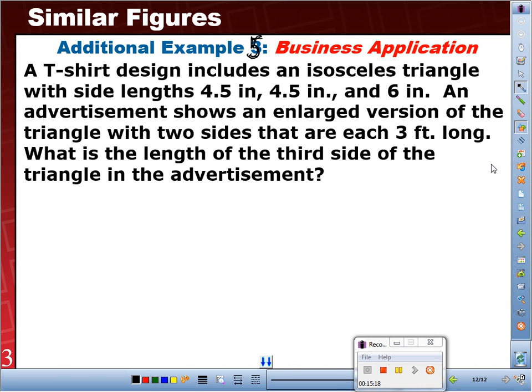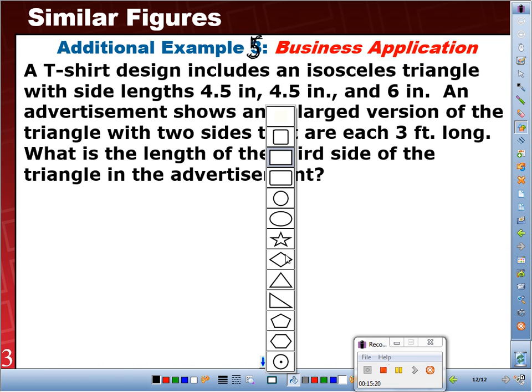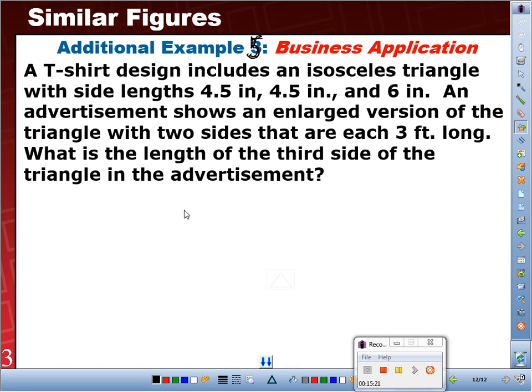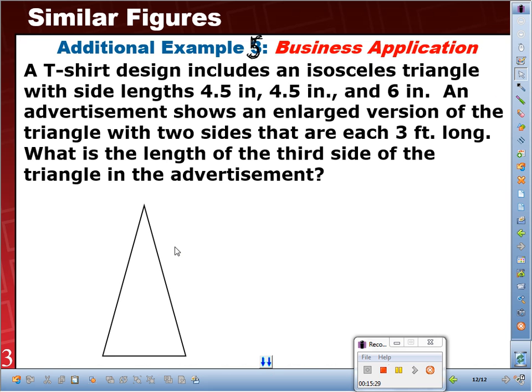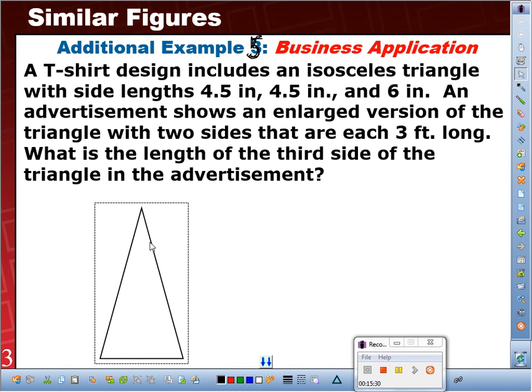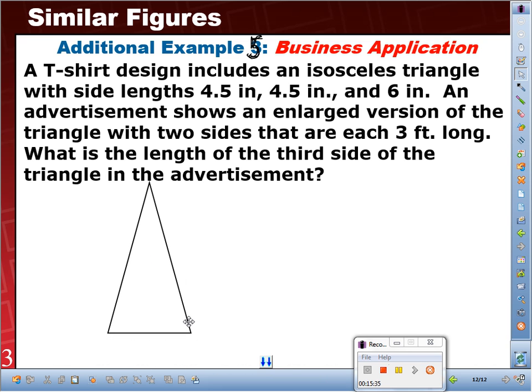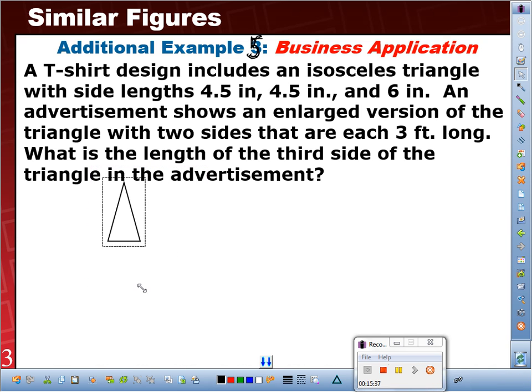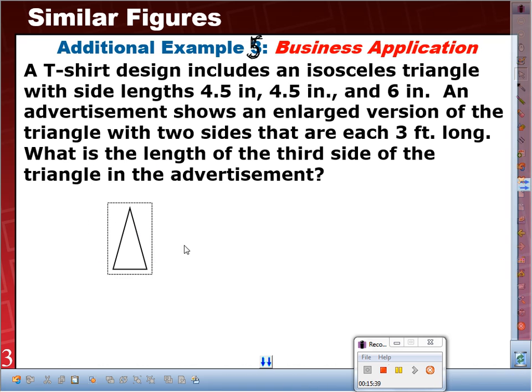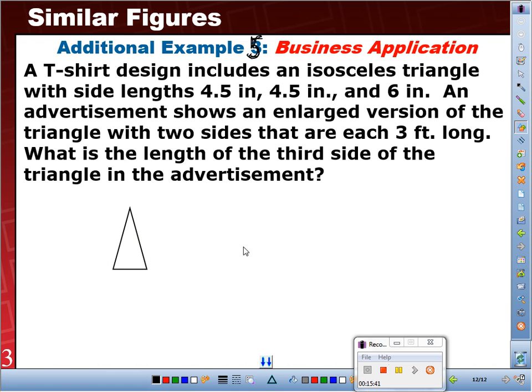As you're copying that, I'm going to draw my isosceles triangle so you can get an idea of what we're looking at. There it is. This one is the triangle on the shirt, and this is the triangle on the advertisement. It's way bigger, right?